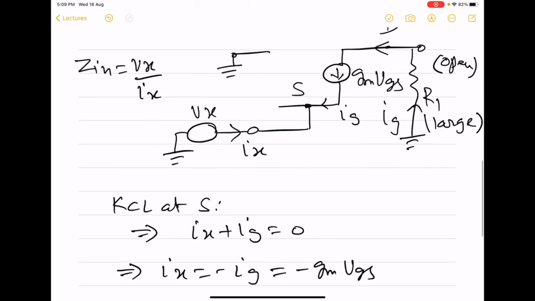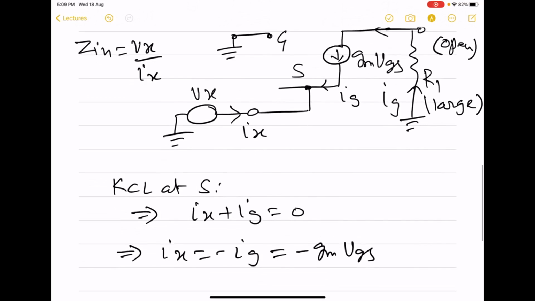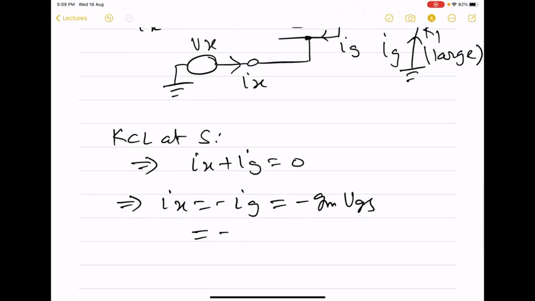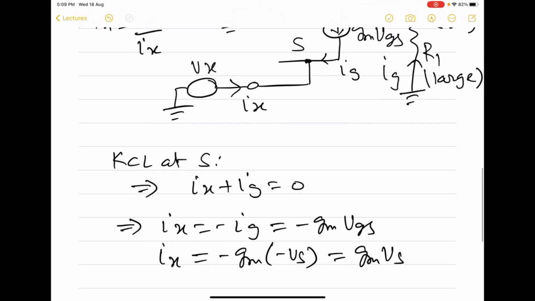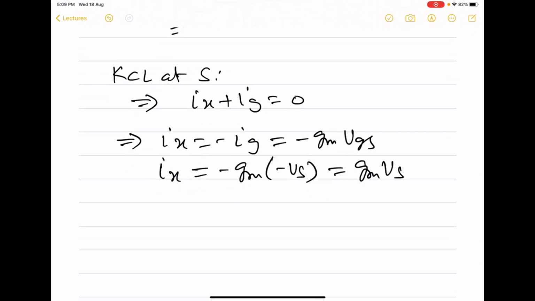Since the gate is grounded, VGS becomes minus Vs, so this becomes gm Vs. And this Vs is basically connected to Vx, so Vs is equal to Vx, therefore Ix is equal to gm Vx.